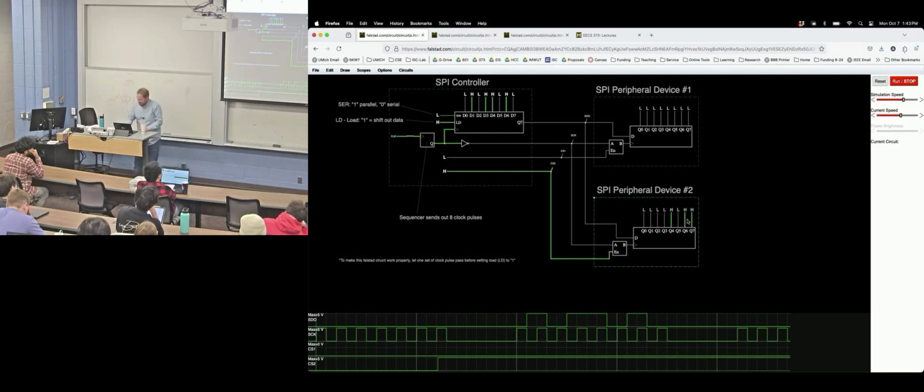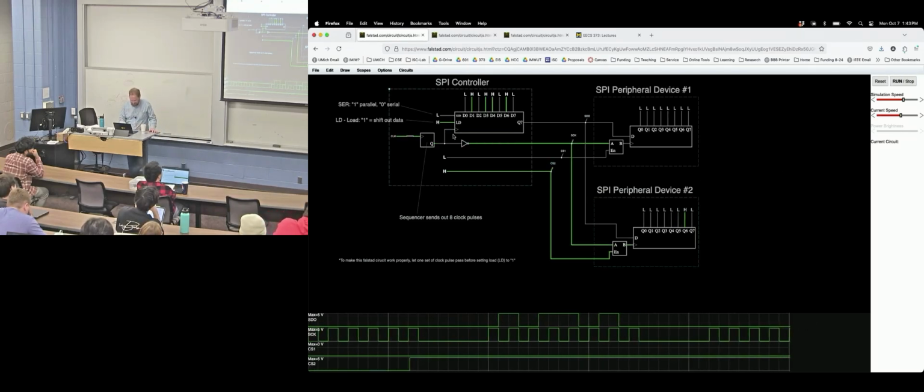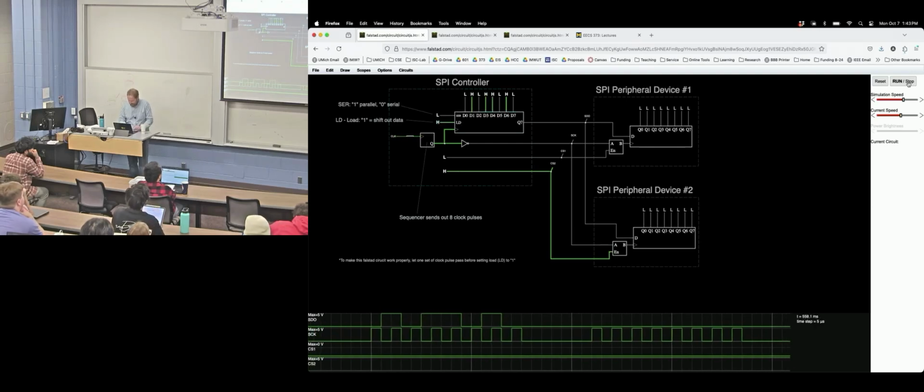So let's try that again. All right. And I'll speed it up a little bit. Data, data, data, data, data. And you can see this data is getting shifted in here.